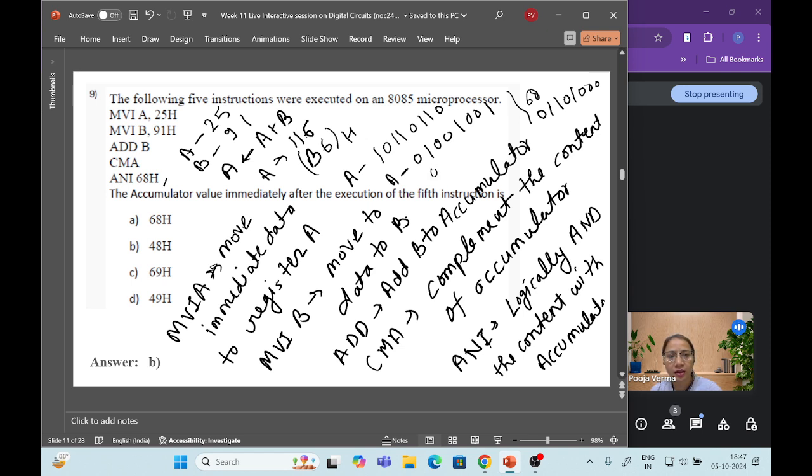The final content of the accumulator is 0 1 0 0 1 0 0 0. What will be the value? This is a 4, this one is an 8 in hexadecimal. 48 H. Yes. So the correct answer is option B for this question.